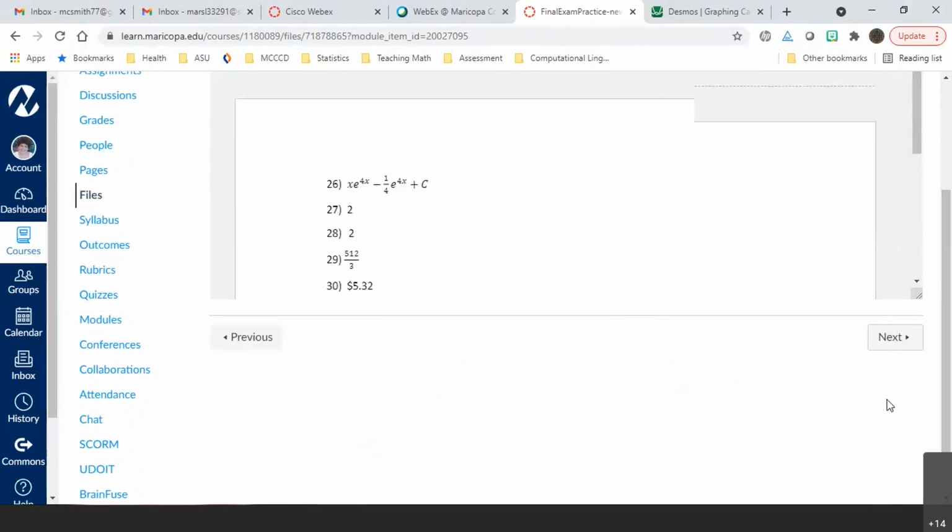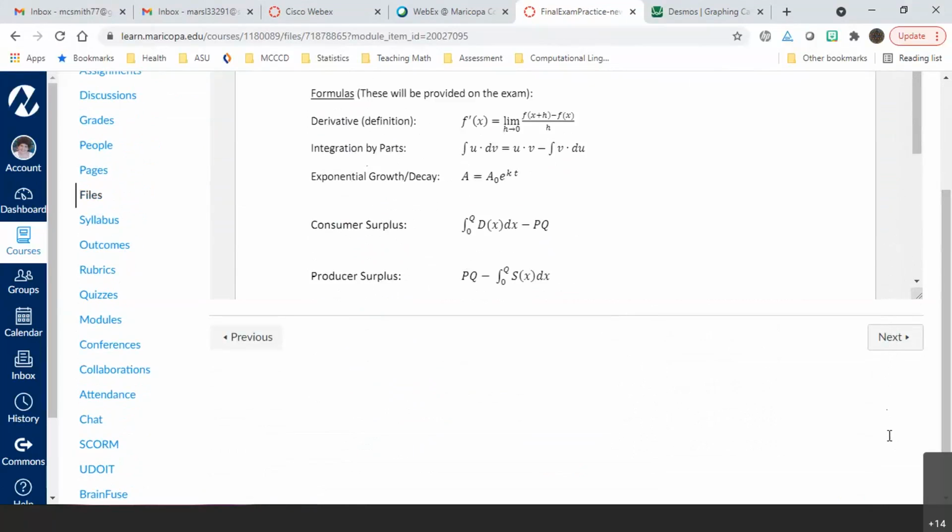I wanted to show you this. There are also some formulas. It says these will be provided on the exam, but you know what? I'm not using a lockdown browser, so you can open up anything you want for this exam. If you want to open up this review sheet, you should be able to see these formulas with what you have access to on the exam.